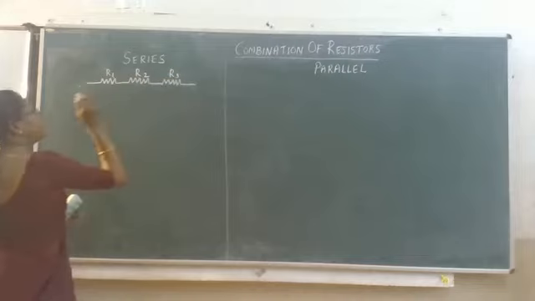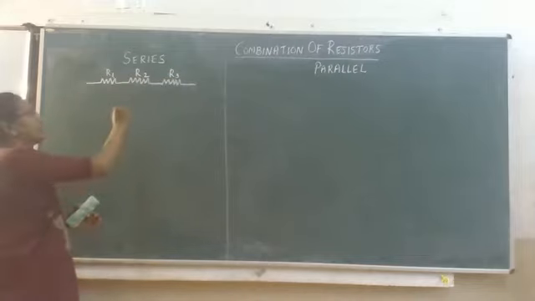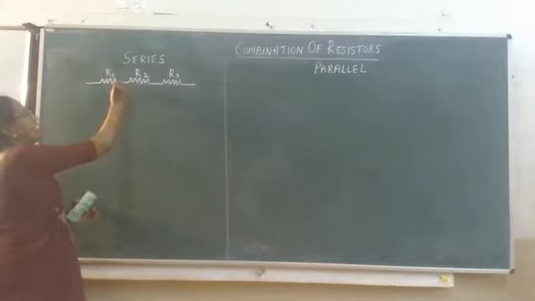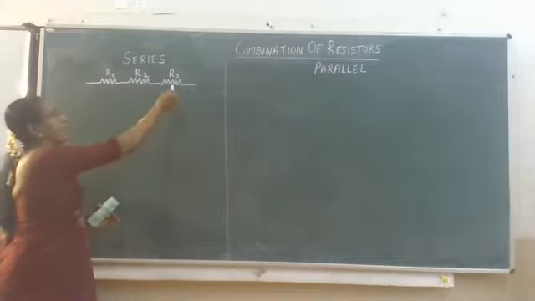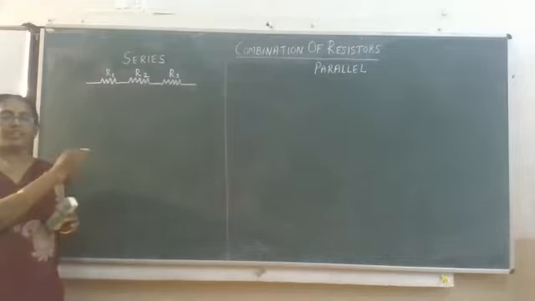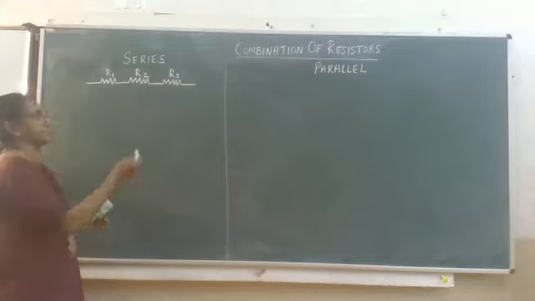All these are connected in series. How can we say that this is series? Because the tail of R1 is connected to the head of R2, and again the tail of R2 is connected to the head of R3. Therefore, it is an end-to-end connection, so we can say that this is a series connection.